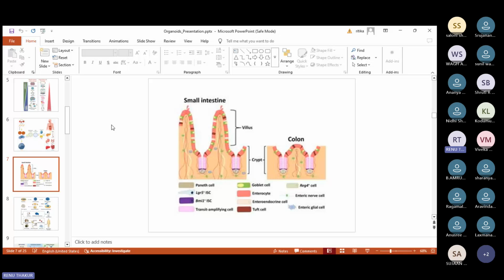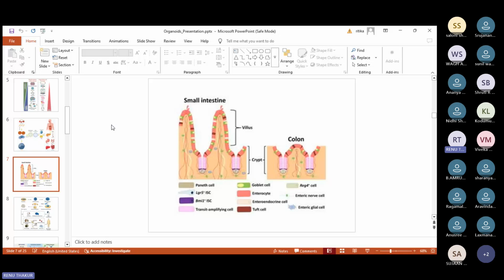If we want to study inflammatory bowel disease, or something improper happening in our intestine, we can study it on these 3D models of the small intestine.